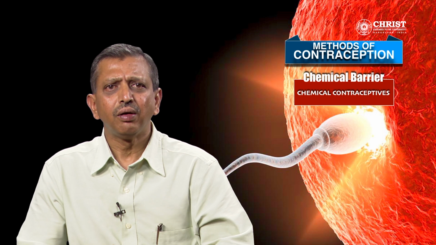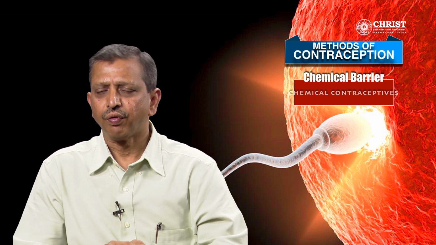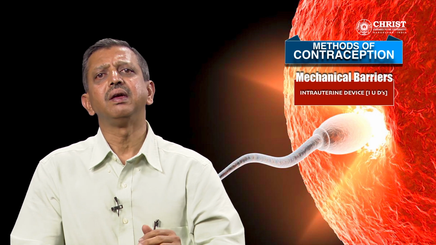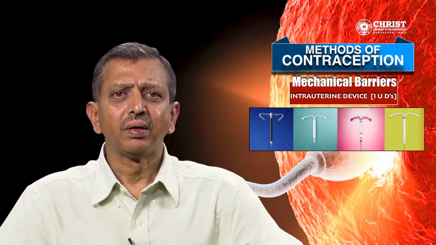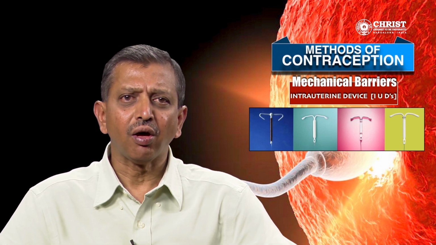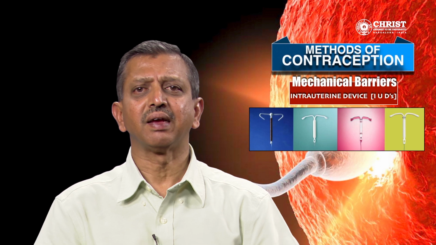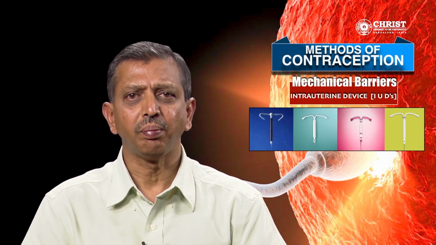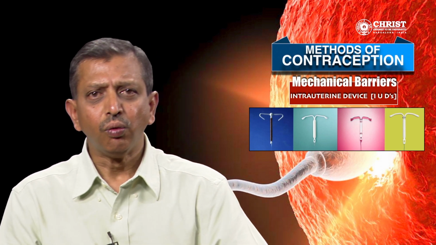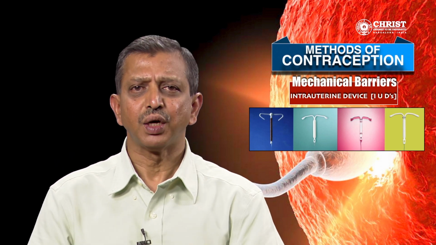Next, we will take a look at mechanical barriers for contraception. The first one is intrauterine devices. IUDs are variously shaped small objects made of flexible plastic or nylon or materials like stainless steel, copper, etc. They are introduced into the womb with the help of an insertion tube.